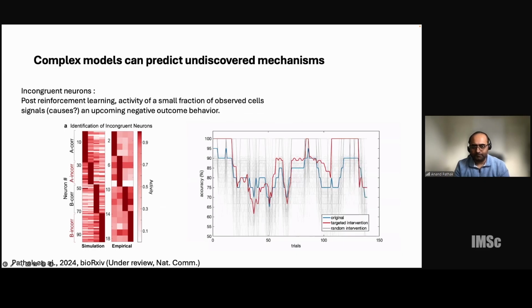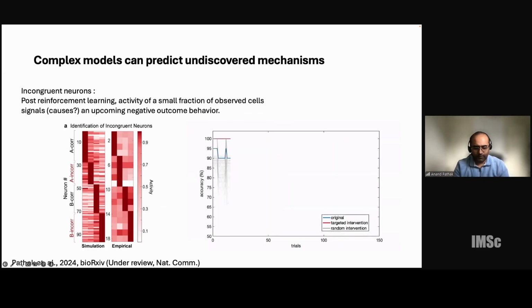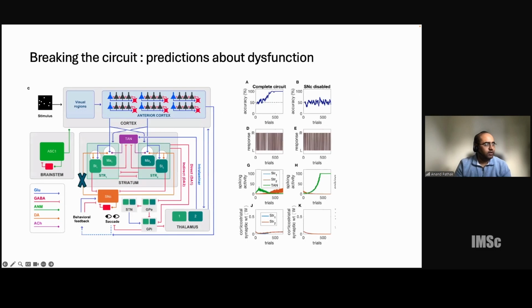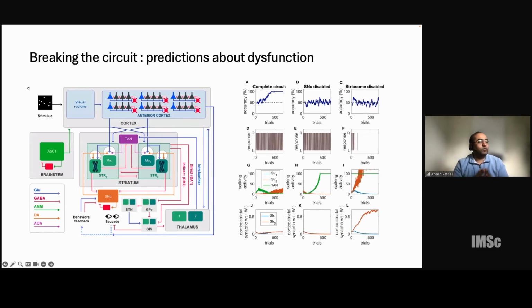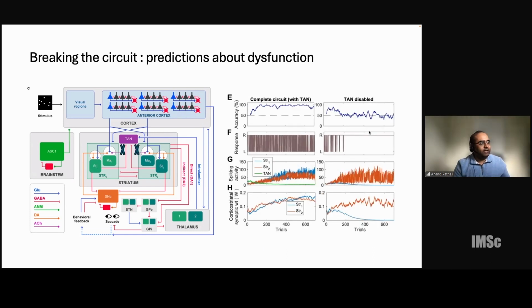Okay. So now, when you break the stereosomes, again the behavior breaks, but in a different way. Here, the behavior is not random. The behavior just gets locked into one of the responses, irrespective of the stimulus. Then, what happens if you disable the TAM neurons, the acetylcholine neurons?